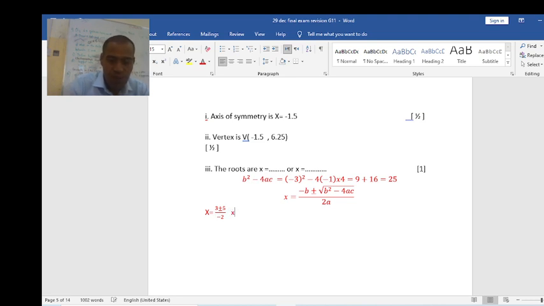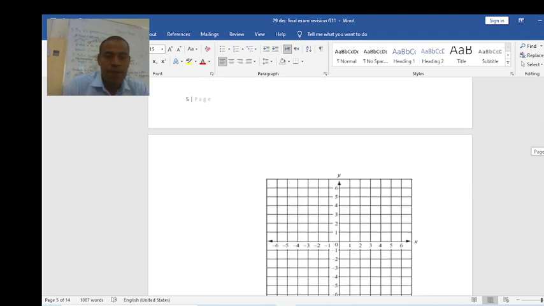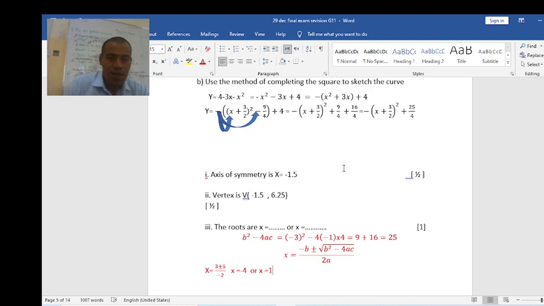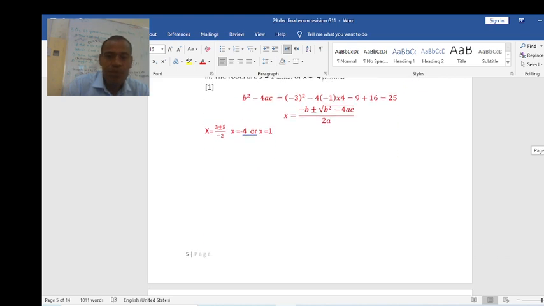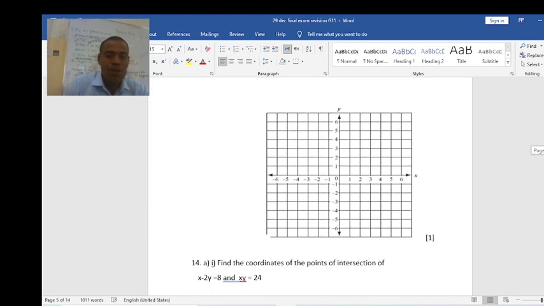So x equals 3 plus 5 is 8, divided by minus 2 is minus 4, or x equals 3 minus 5, minus 2, divided by minus 2 gives 1. So we have these two roots. Clear? The roots are 1 and negative 4. Clear? Now I will draw the curve.